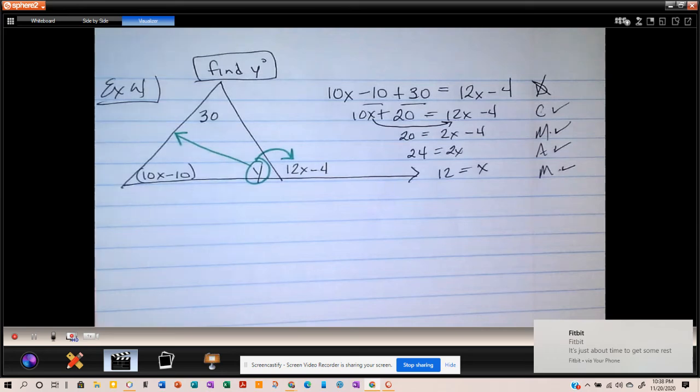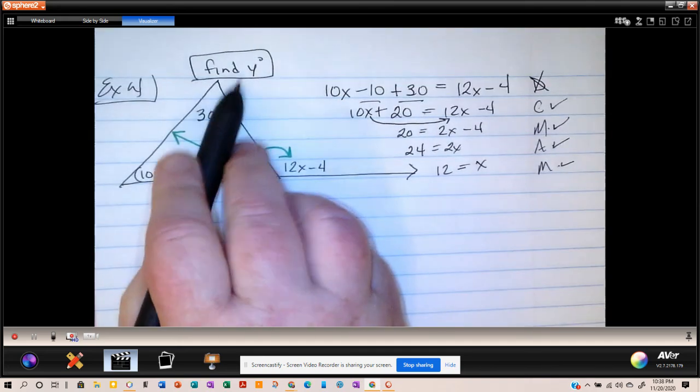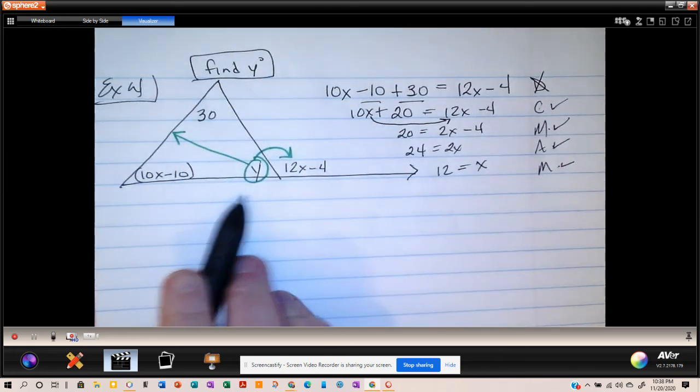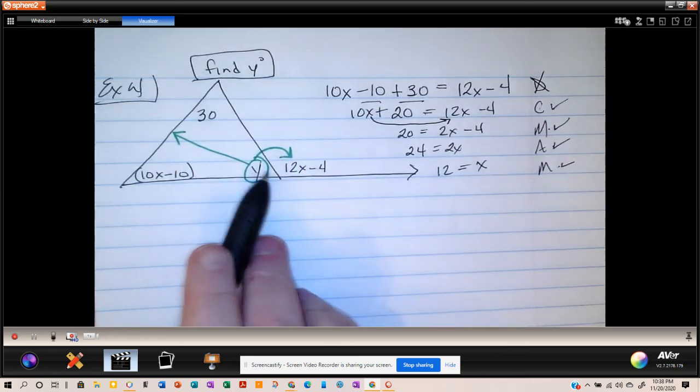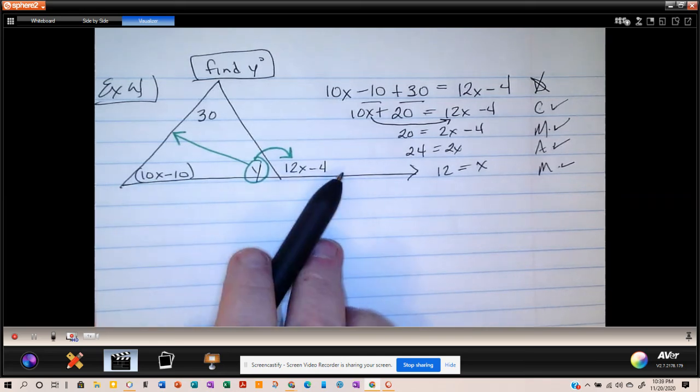And that's all well and good, but it says find y. My instructions say find y. Y is right here. X is over here. And x is over here.